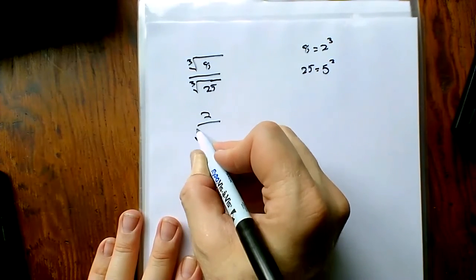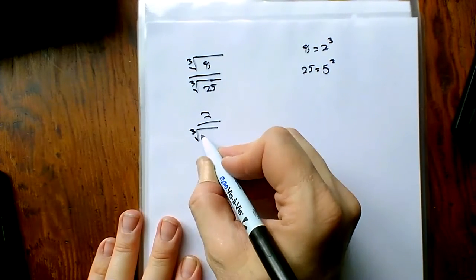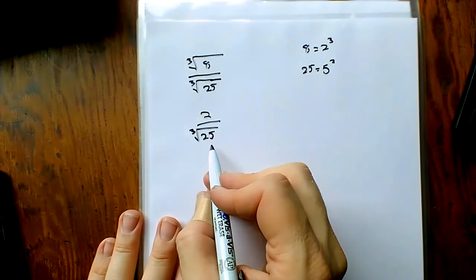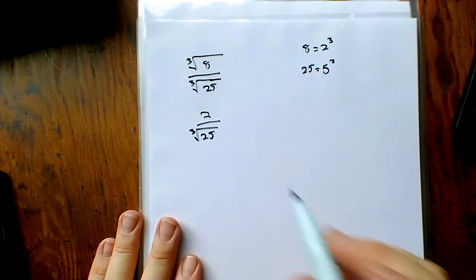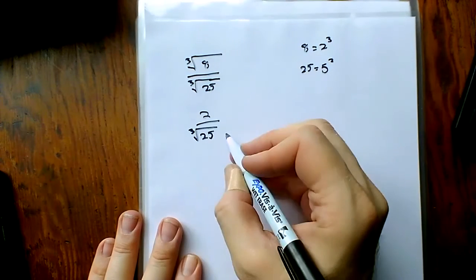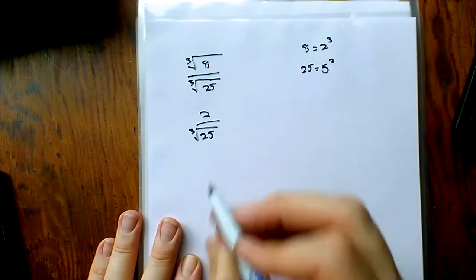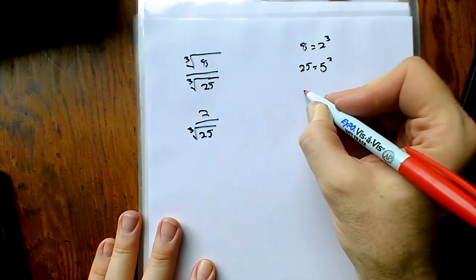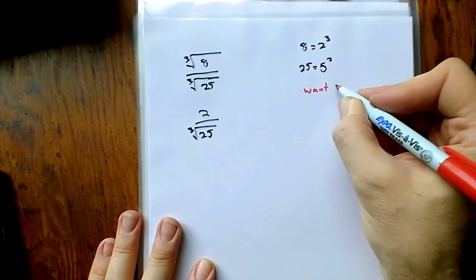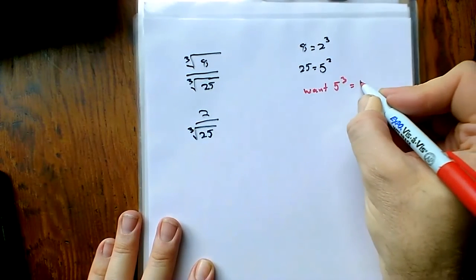But I can't get this to a perfect cube just yet. This is just 5 squared. I would need to have this 5 cubed, which is 125.